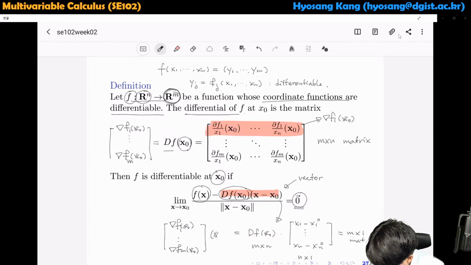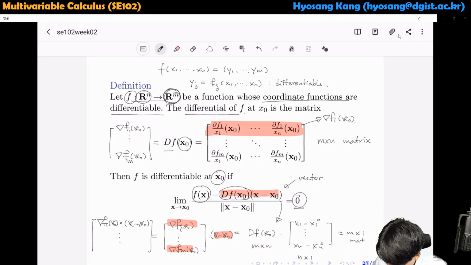So let me switch back to our original notation of vectors here. Then what we get is we are actually taking a dot product between these vectors and these vectors. So what we have is gradient of f1 at x0 dot product x minus x0 up to gradient of fm at x0 dot product x minus x0.